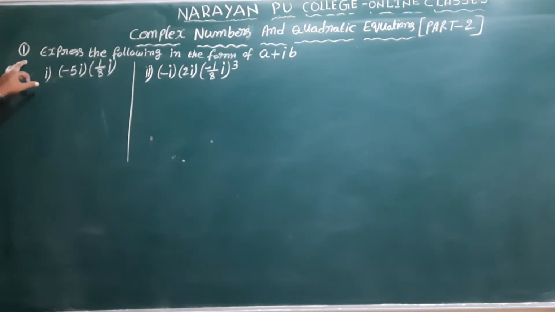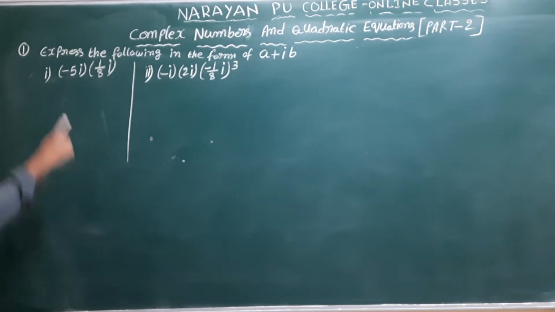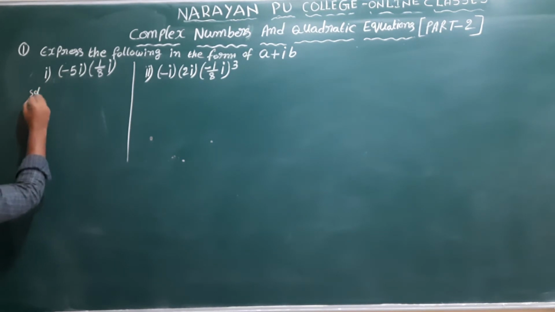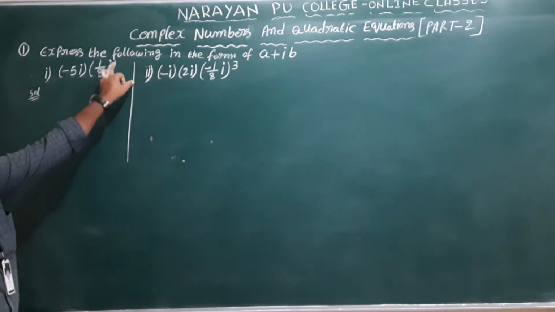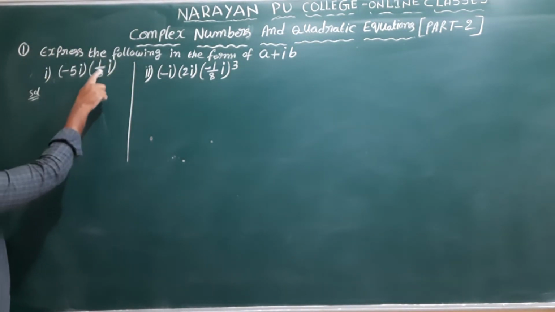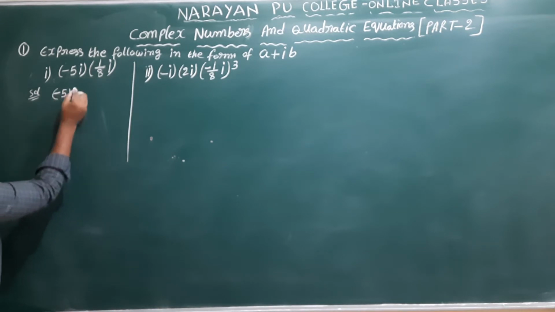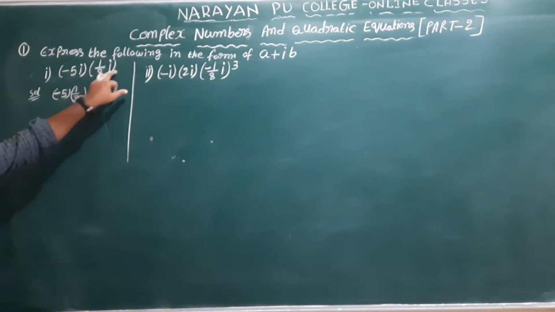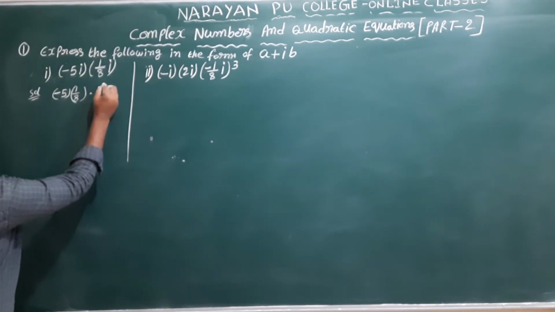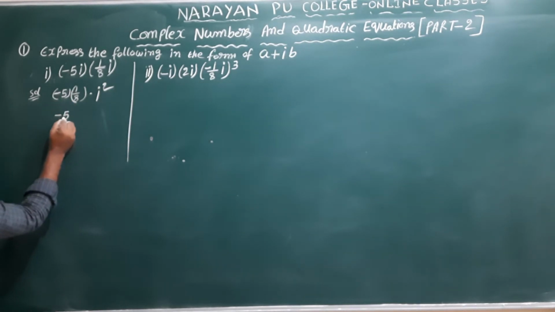Simple thing. In the first example, we have two parts, first one and second one. First one, solution: minus 5i into 1 by 8 into i. So these two are products. First, the real numbers' product we can do: minus 5 into 1 by 8 into i square. Minus 5 into 1 by 8 is minus 5 by 8.